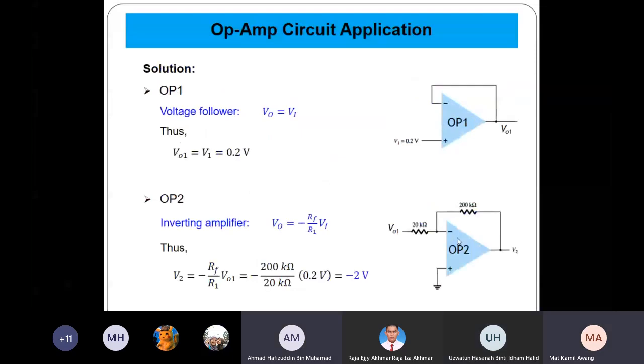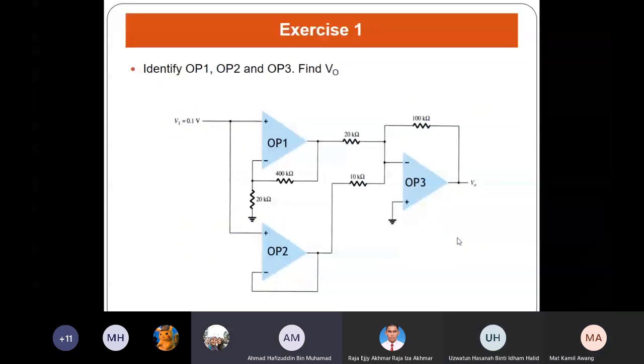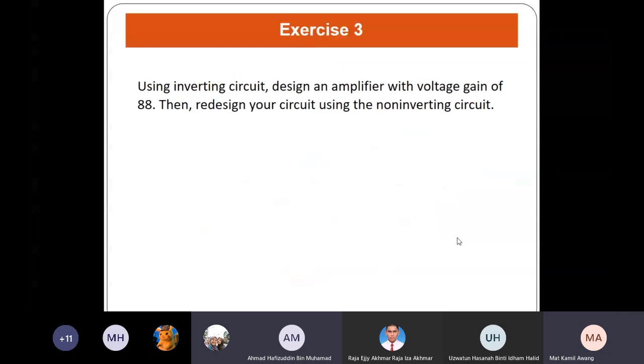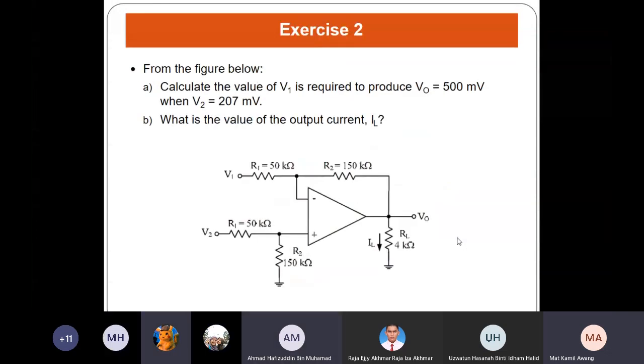Exercise 1, exercise 2, and exercise 3. Sir, can we just get the answers?